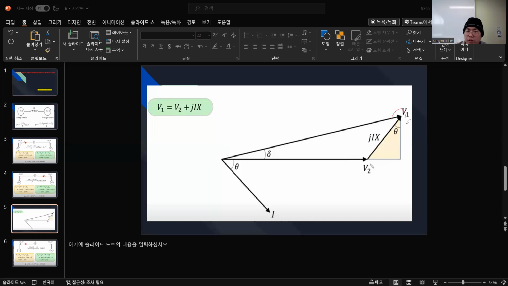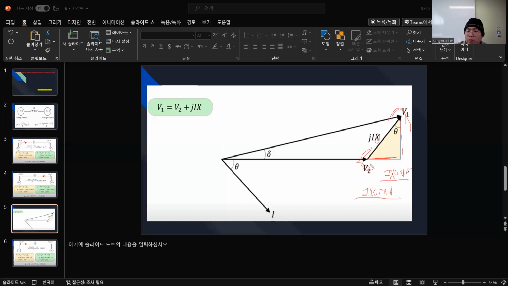This triangle is I cosine theta, right? Cosine. And if it's cosine here, it's sine here, I sine theta, right? So look at that. Actually this is IX cosine and then IX sine, right?